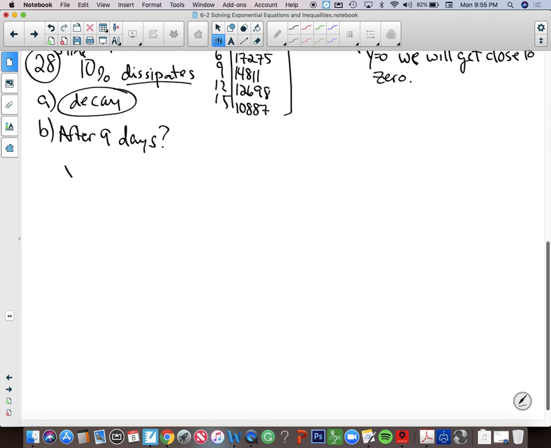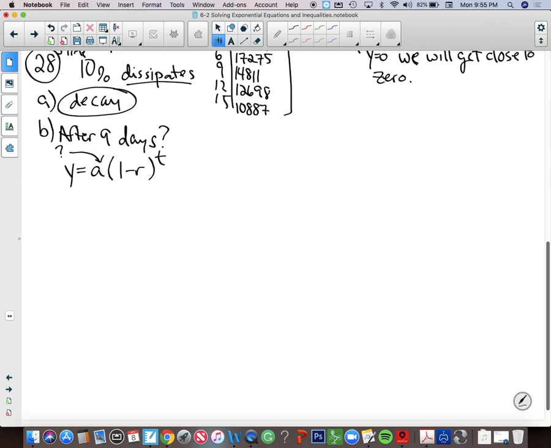Okay, so we're going to have this equation. That's our decay model. We don't really know what the initial amount is, but think about if you take some Tylenol or something like that. Most of the time you take a whole pill, so that would represent taking 1 pill.